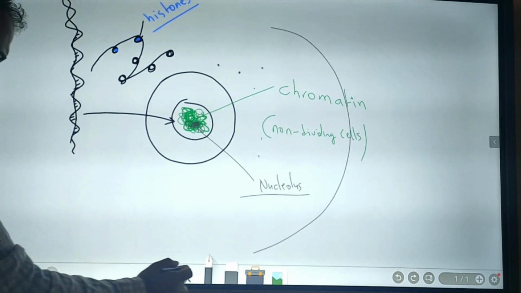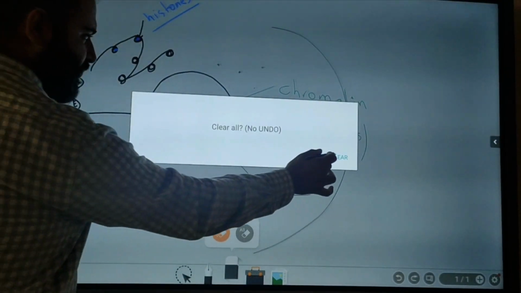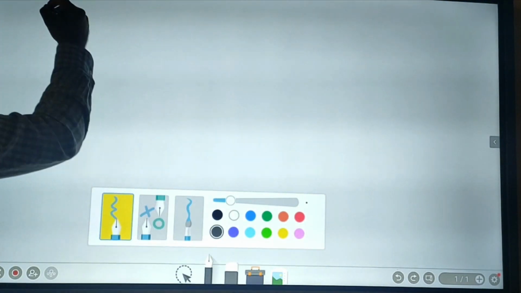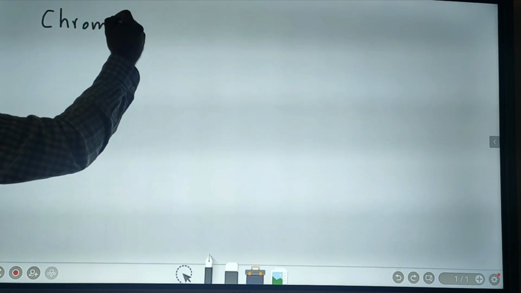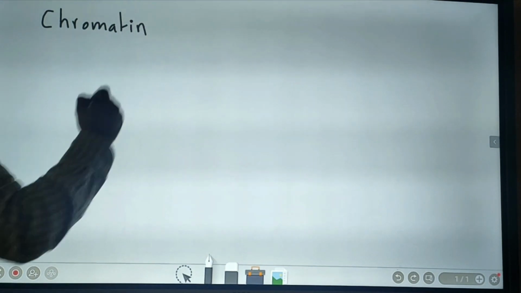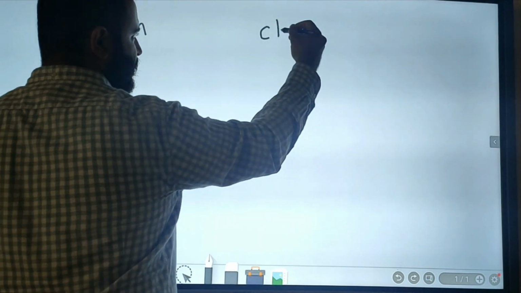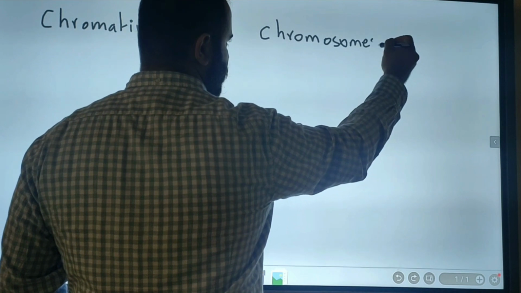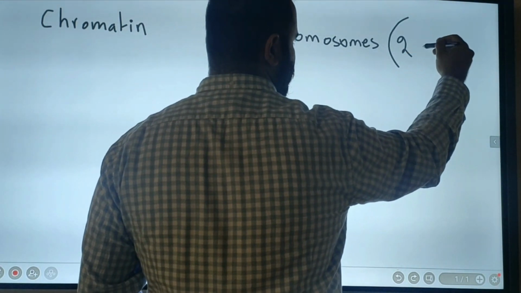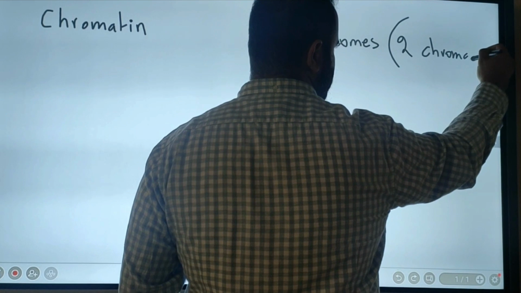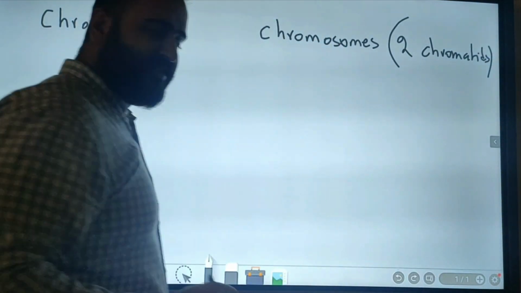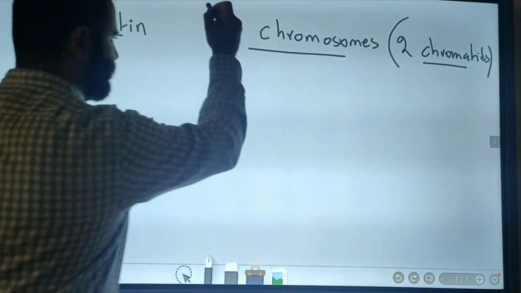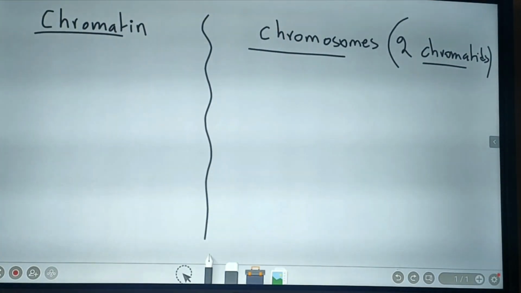Okay, so if you want to write down the 3 forms of the DNA, we can write chromatin, and chromosomes that are made of 2 chromatids. It's very important to differentiate between these terms: chromosomes and chromatin.